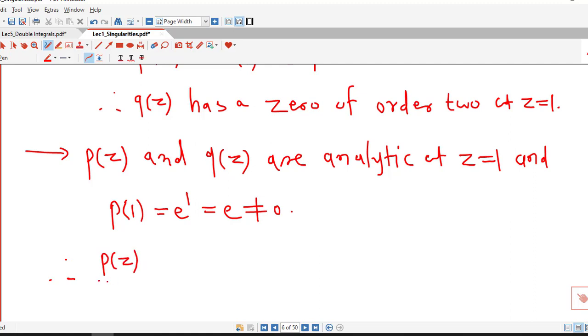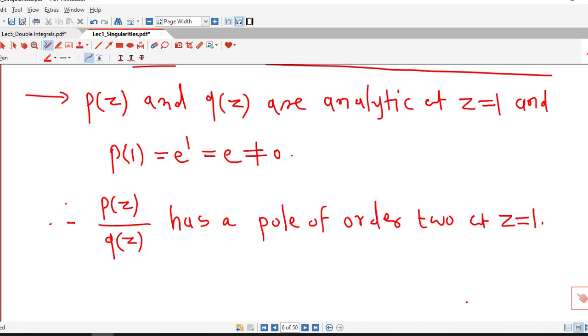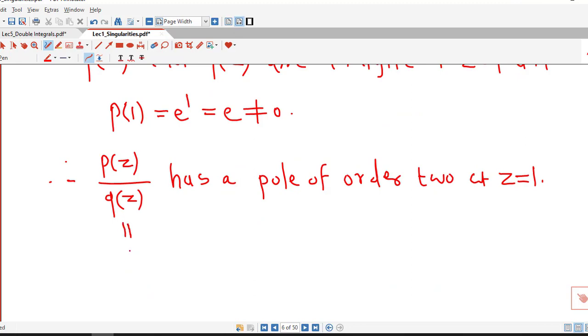So therefore this quotient has a pole of order 2 at z equal to 1, because q of z has a 0 of order 2 at z equal to 1, and this is nothing but our function f of z.